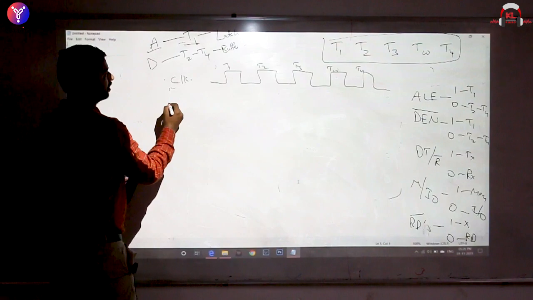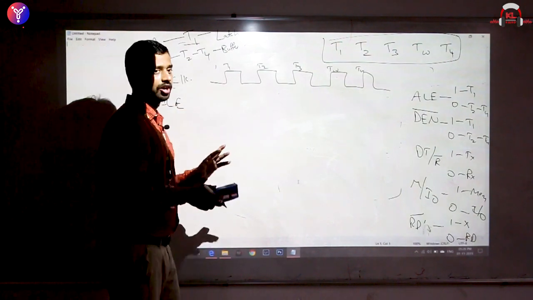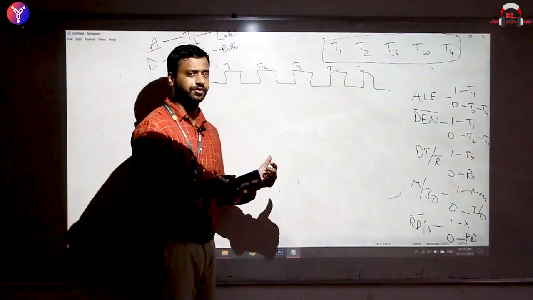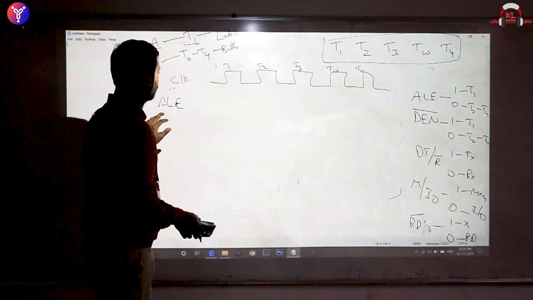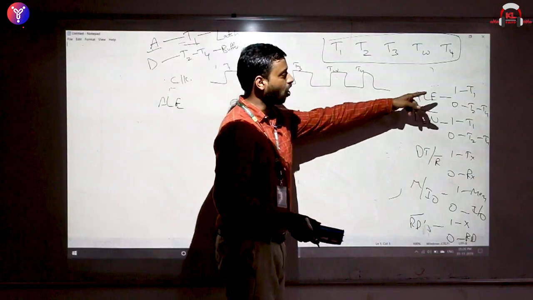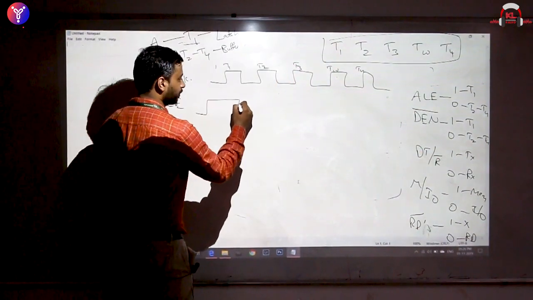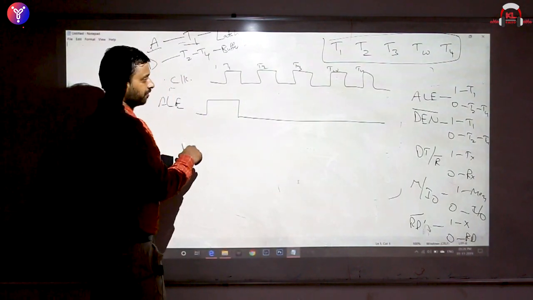And then we have ALE. This is the way you have to understand how to draw a timing diagram. The timing diagram looks complex when you try to remember it, but it is easier when drawn. ALE is on during T1, off during rest of the cycle. So the simple way of representing is ALE is on and rest of the time it is off.